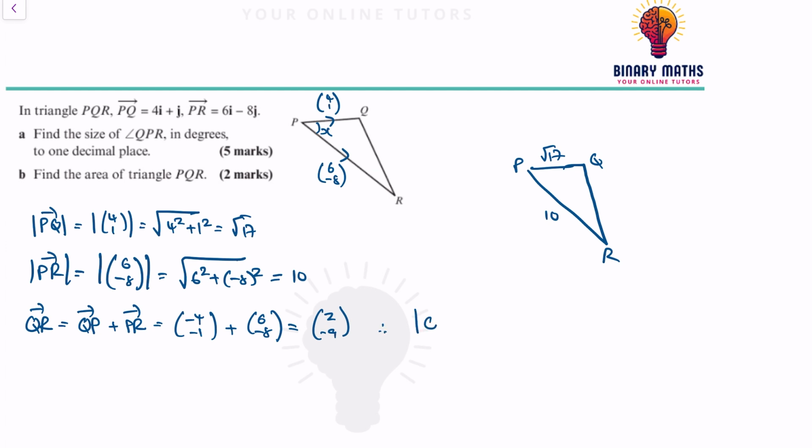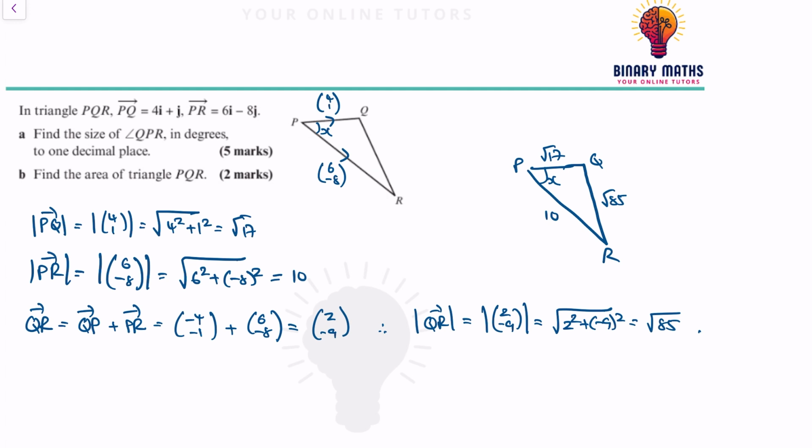Therefore, the magnitude of QR will be equal to the magnitude of 2, -9, which is 2 squared plus -9 squared, which is equal to square root of 85. So here I've got square root of 85, and I'm trying to find out x.